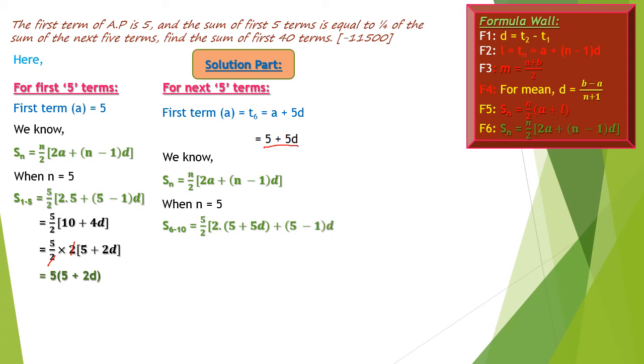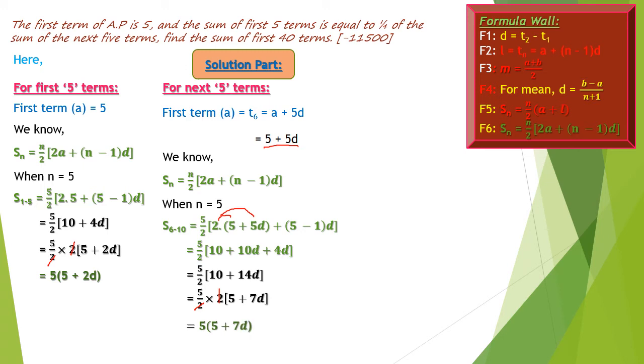And 5 minus 1 d. Bracket close. So 5 by 2 bracket. Let's open the bracket: 10 here, and 2 times 5d also, so 10d. Now we have 5 by 2 bracket 10 plus 14d. Now we can take 2 common: 5 by 2 into 5 plus 7d. Now we can cancel 2 and 2. So 5 bracket 5 plus 7d.